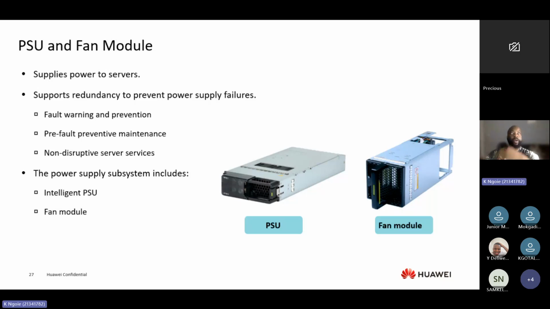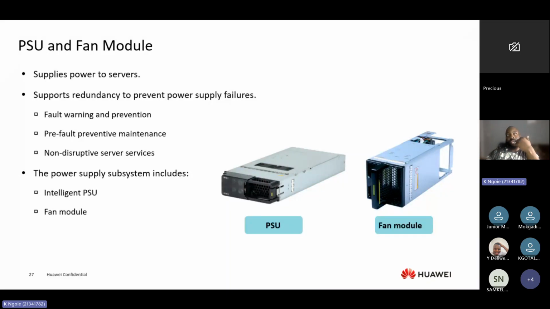All right, and then you have the PSU and fan module. In this case, they supply power to the server. This helps in terms of power supply.